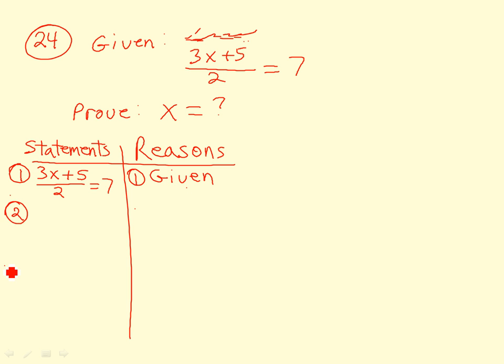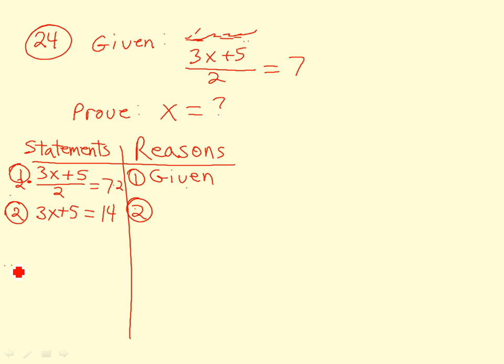What's the first thing you start to do to start to solve this? How do you get rid of that 2 in the denominator? Multiply both sides by 2. When I multiply this left side over here by 2, what's going to be left over? 3x plus 5. 7 times 2, 14.